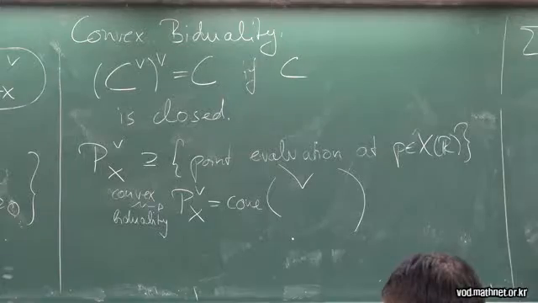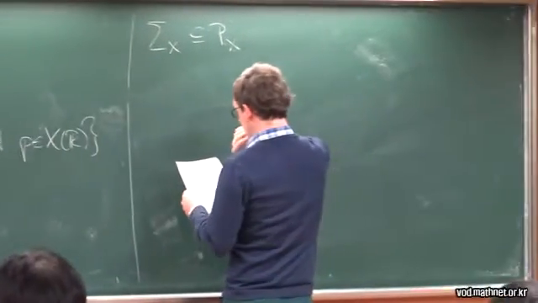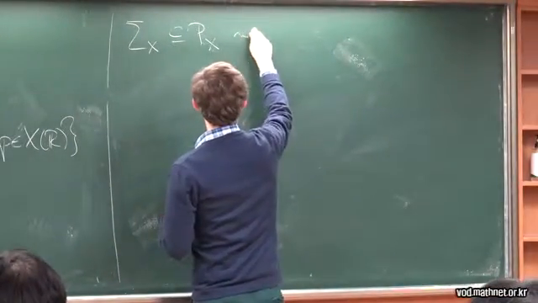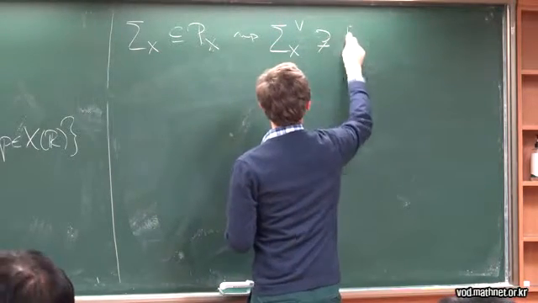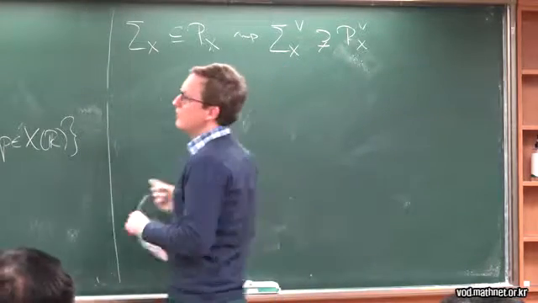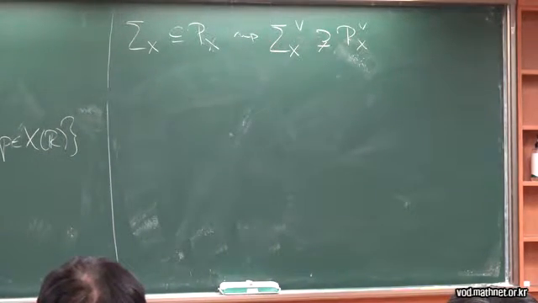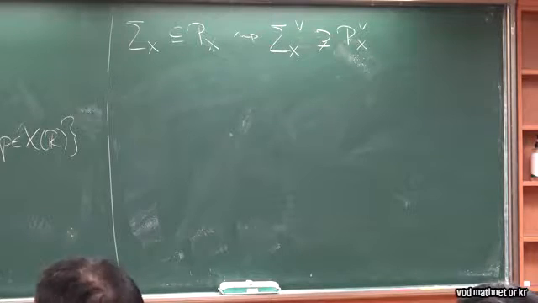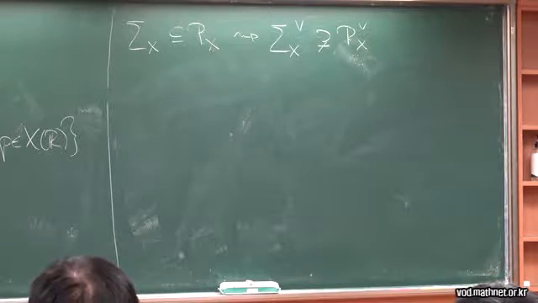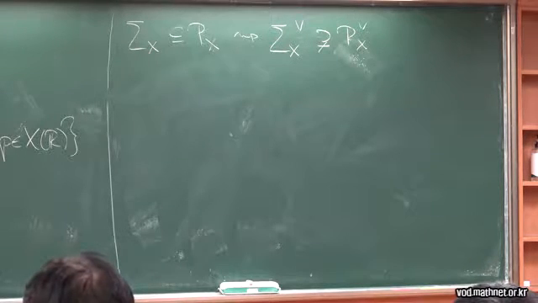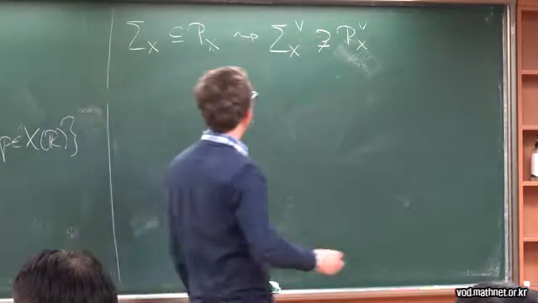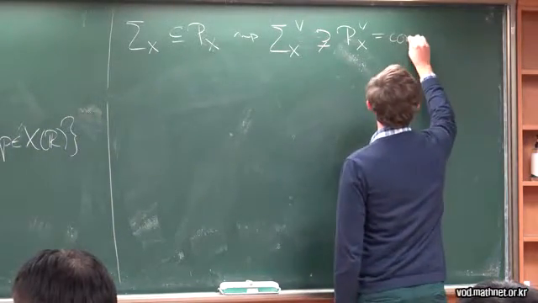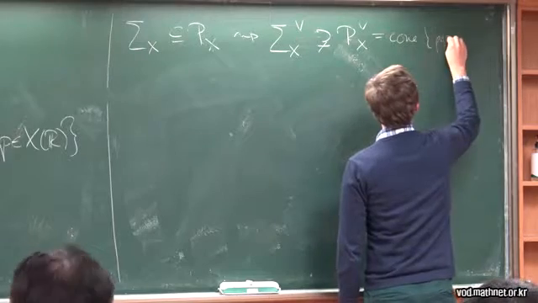You have this inclusion of cones, but if you think about it, if you take dual cones, you will reverse the inclusion. Why is that? Because if you have a linear functional that's non-negative on the larger cone, it will certainly be non-negative on the smaller cone. So you reverse inclusion. And this one we understand. This is the cone generated by point evaluations.